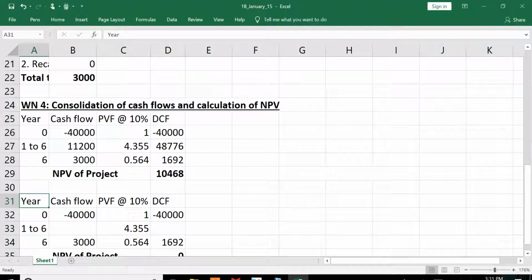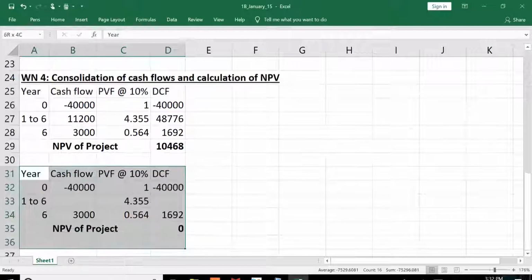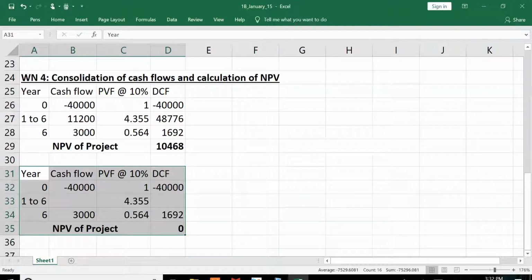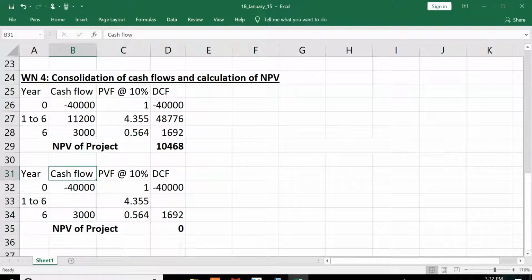Full stop. We should find the volume at which the project will have 0 NPV.